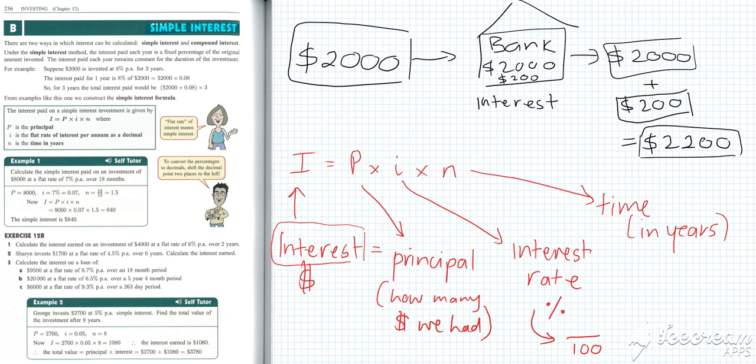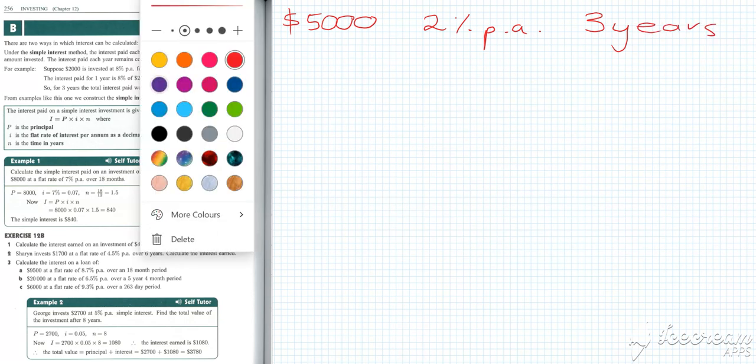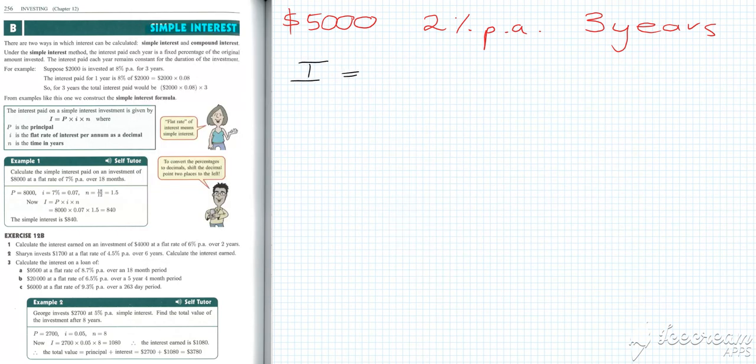So what does this look like? You might have $5,000 to put into your account. You're going to put it into an account with 2% interest, and you're going to put it in there for 3 years. So we look at our formula, which was I equals P times I times N, and the interest rate is going to be divided by 100.